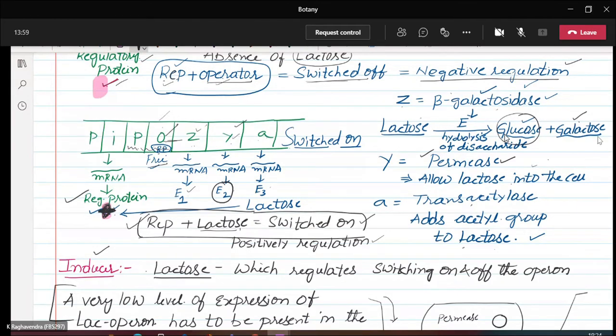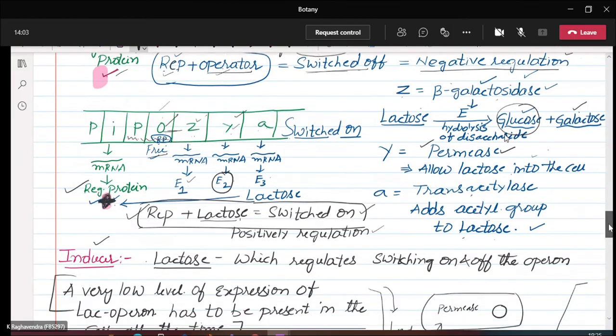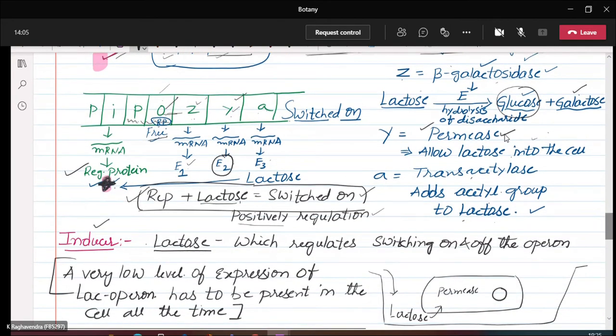So this particular situation, we call positive regulation. Positive regulation occurs when the operon is switched on, that too when lactose binds on the repressor. Here, to make the operon switch on, the only inducer is lactose. This operon is an inducible system because it is induced by the presence of lactose.